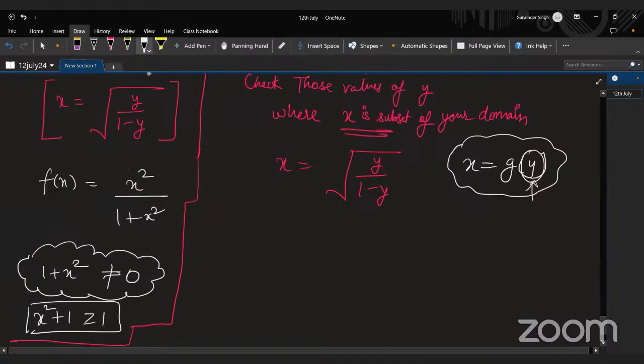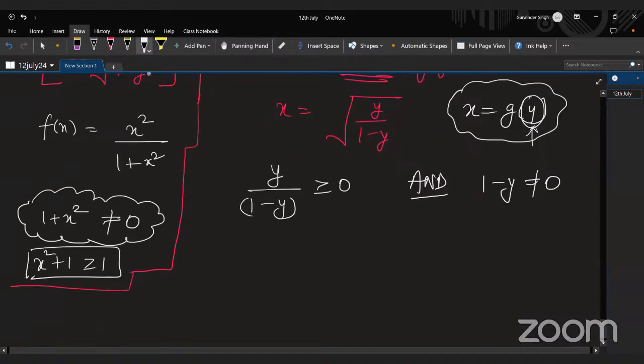The same rule that we used to apply earlier on x will apply over here on y also. So y divided by 1 minus y should be greater than or equal to 0. Simultaneously, 1 minus y can't be equal to 0, because it will be division by 0. So y can't be equal to 1.